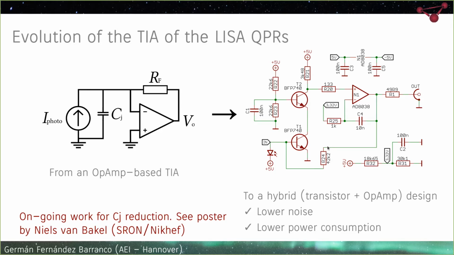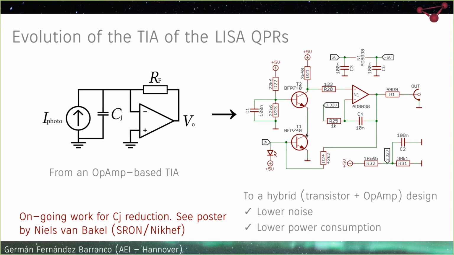The operating point of this transimpedance amplifier is set by a combination of the voltage here, essentially the voltage at the inverting input of the operational amplifier, and the value of this resistor, which also sets the collector current going through the transistors.